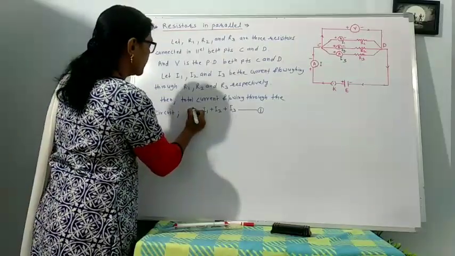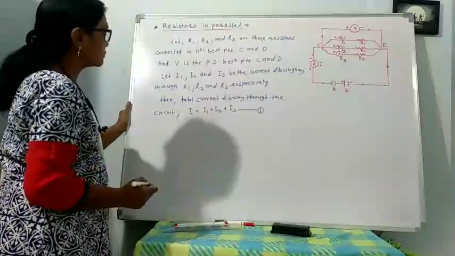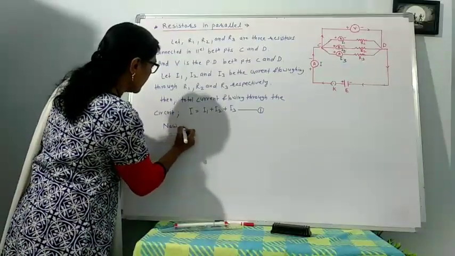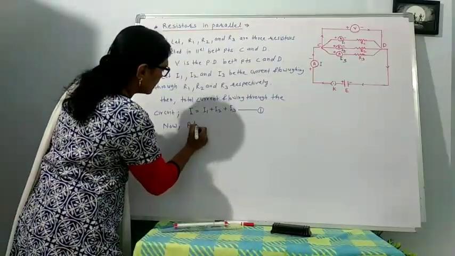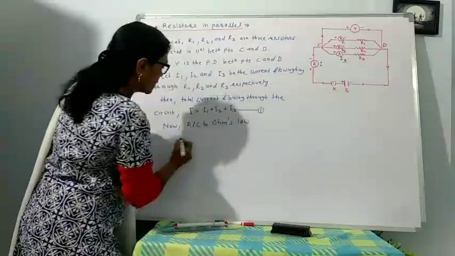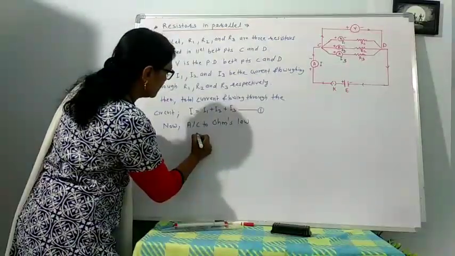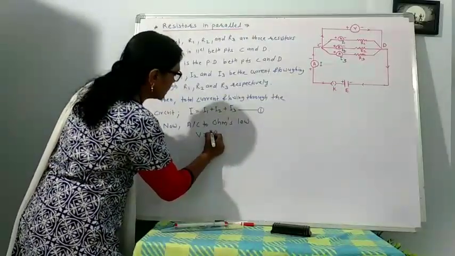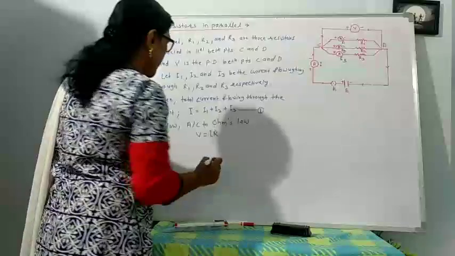I equal to I1 plus I2 plus I3. Now according to Ohm's law, we know the equation of Ohm's law is V equal to IR. We have learned this before, V equal to IR.